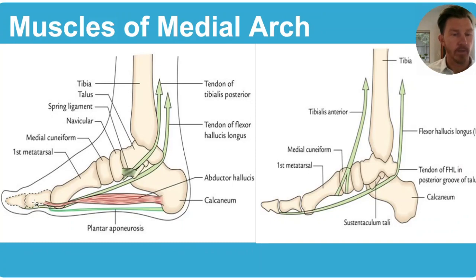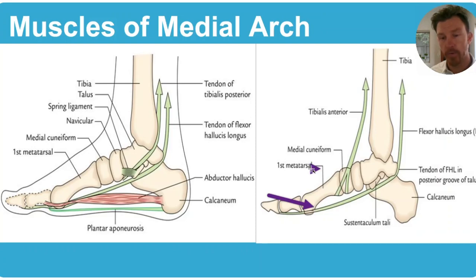And then it's got all of the bones of the feet labeled here. We've got the spring ligament here that's holding that tibialis posterior muscle in place. And so it's the tension on these muscles that's helping to form the medial arch. So we can see that flexor hallucis muscle again.